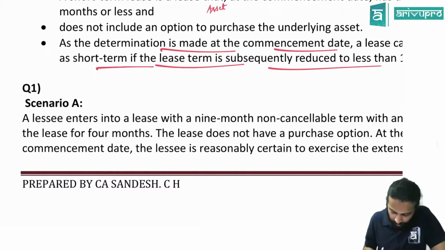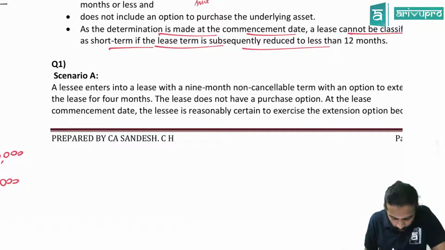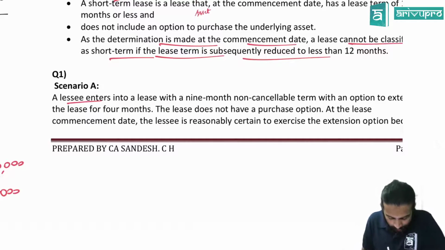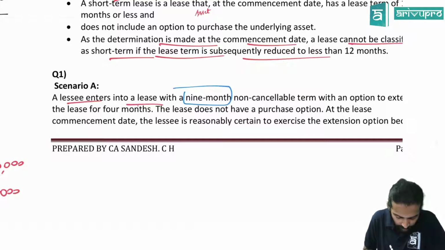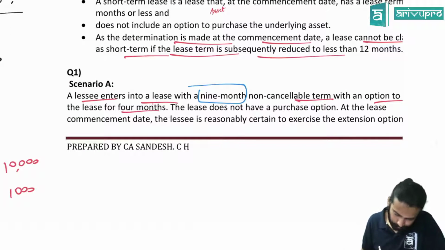Okay, let's see how well we have understood that in one case. Question number 1. Are you able to see? Yes. Okay. Lessee enters into a lease with 9-month non-cancelable lease term with an option to extend it for another 4 months.